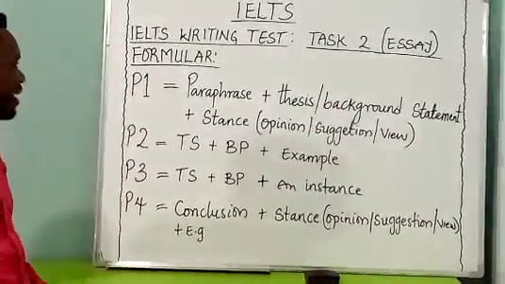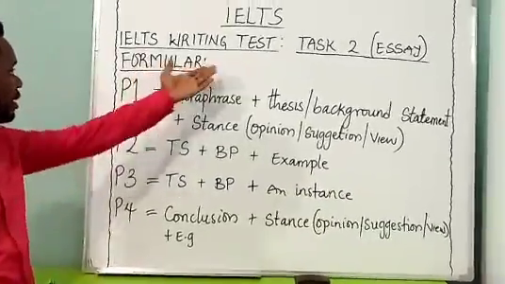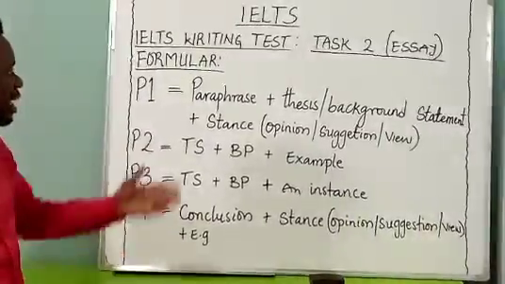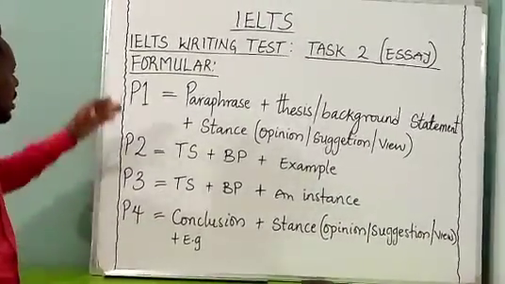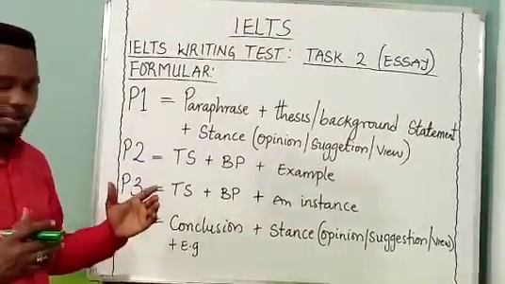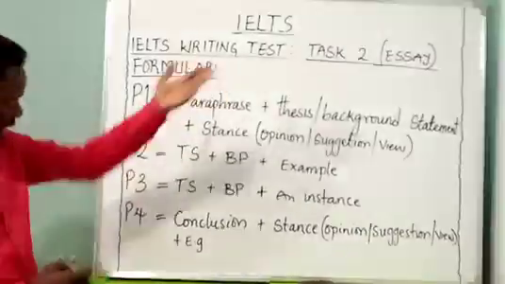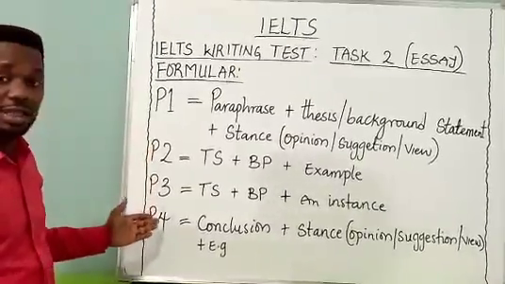to make them quickly remember what they are expected to pen down on their answer booklet under their writing test task 2 essay. Let me run it down again very quickly. The formula for writing a band score 8 in your IELTS writing test task 2 essay is P1, P2, P3, and P4.